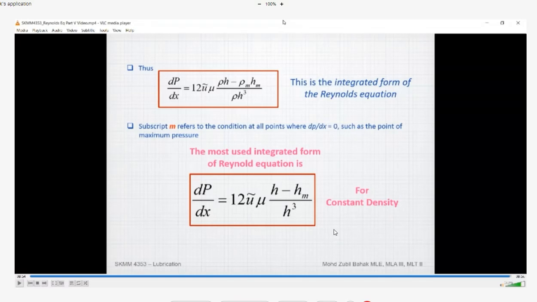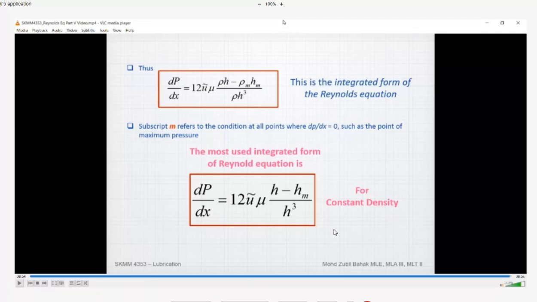But by the end, the last equation that we need to use is dp/dx equal to 12 mu bar mu (h minus hm) divided by h cubed. Oh my god. And then I feel I can go ahead and do the analysis using this equation because it is quite a simple equation.